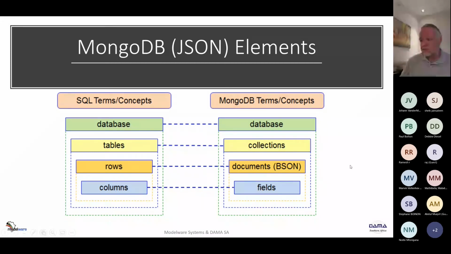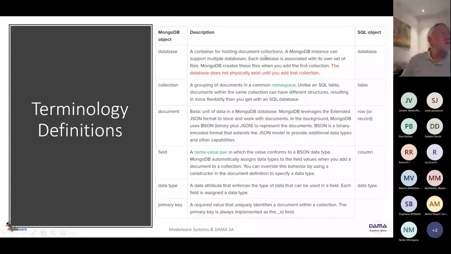All right, so here's a better definition. A MongoDB database is a container for holding document collections. Each database is associated with its own set of files, very similar to SQL Server. As you install a database, you allocate a set of files when you add the first collection, so the database does not physically exist until you add that collection. Interesting.